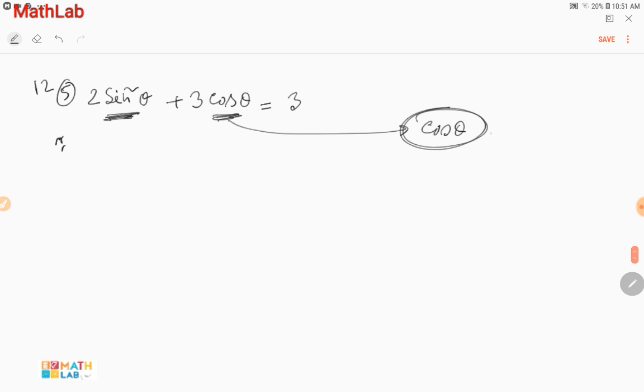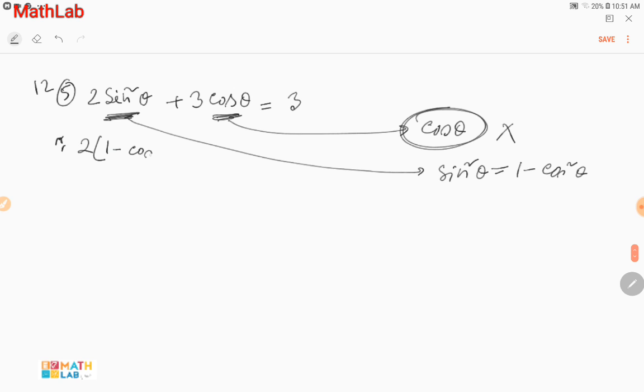For cos theta we have no formula, but for sine square theta we have a formula, that is 1 minus cos square theta. So we can convert this 2 sine square theta to 2 into (1 minus cos square theta), plus the second term 2 cos theta, and equal 3.